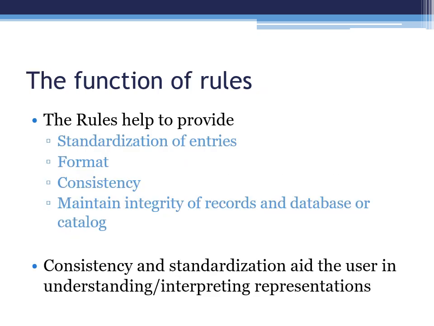The rules help to provide standardization of entries, format, and consistency, and maintain the integrity of records and the database or catalog. So consistency and standardization aid users in understanding and interpreting representations, right?